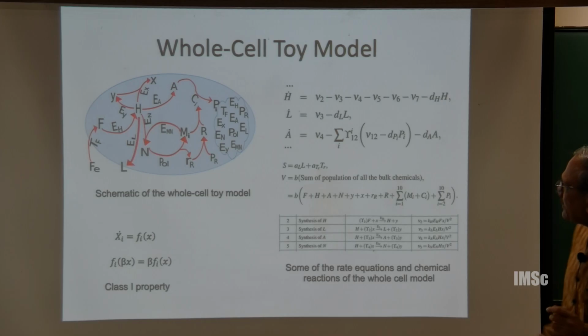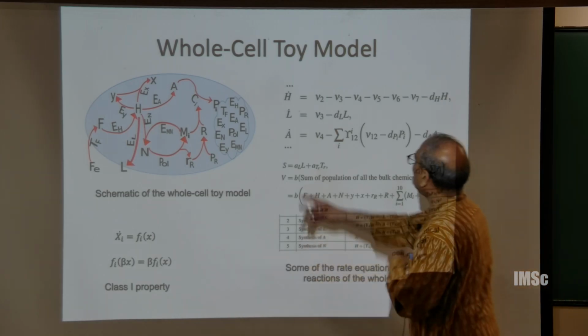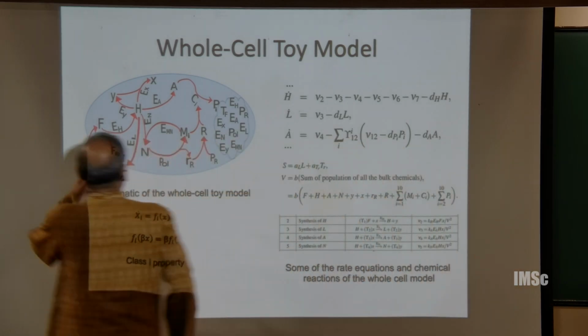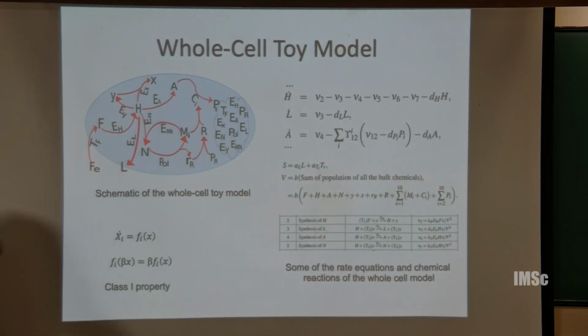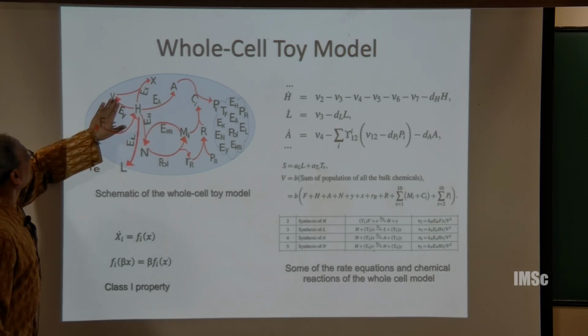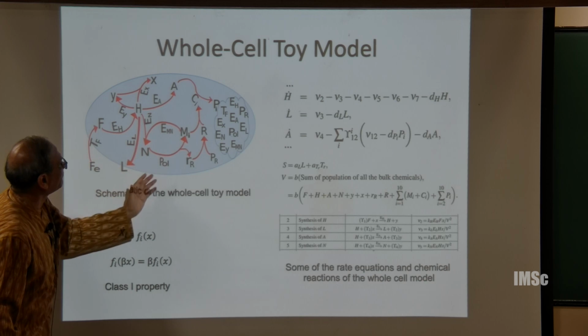Okay, and so we were trying a complicated model of the cell in which there are 30 to 40 dynamical variables. I had mentioned this in my earlier talk. There is an external food, there is an internal food, there are internal metabolites, there is ADP, there is ATP, there are enzymes of various kinds.